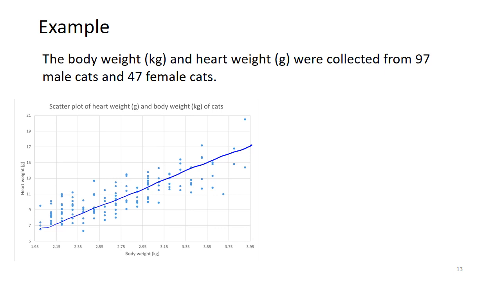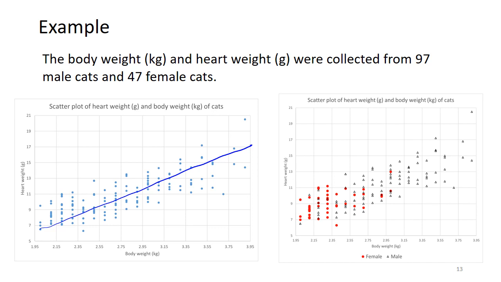These 144 cats can be divided into 97 male cats and 47 female cats. Is the relationship between body weight and heart rate the same for male and female cats? No. The relationship among male cats is similar to the one across 144 cats.